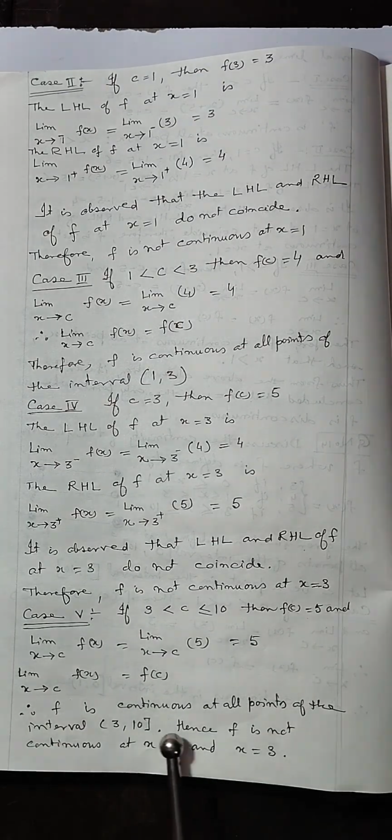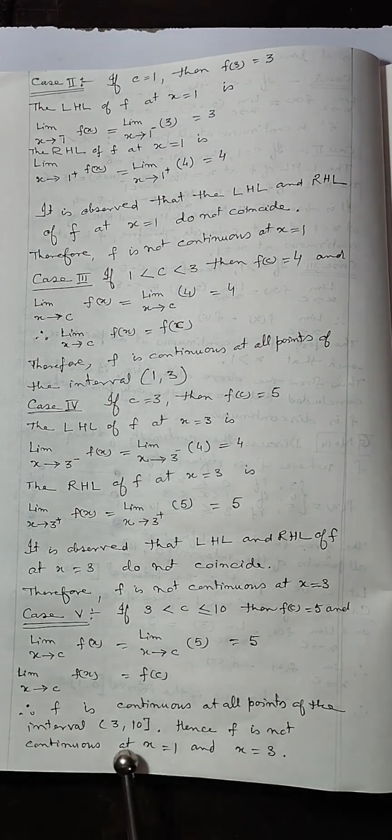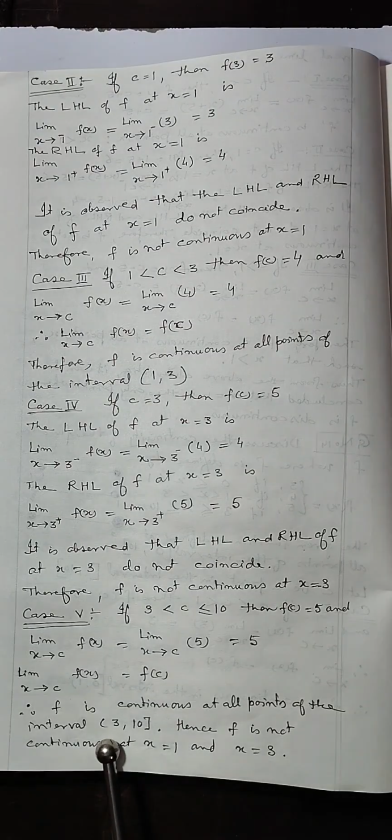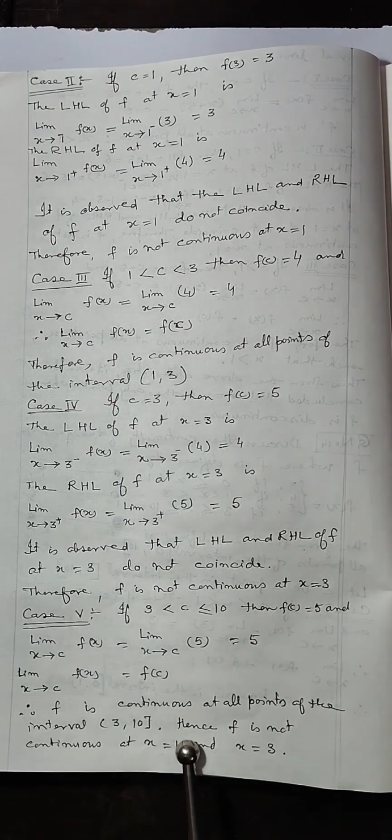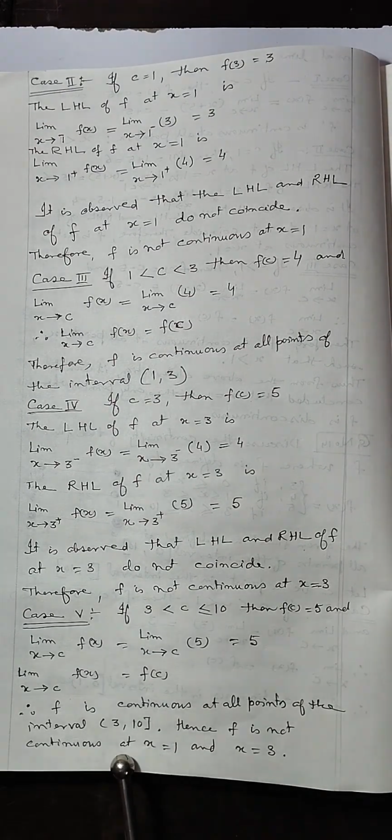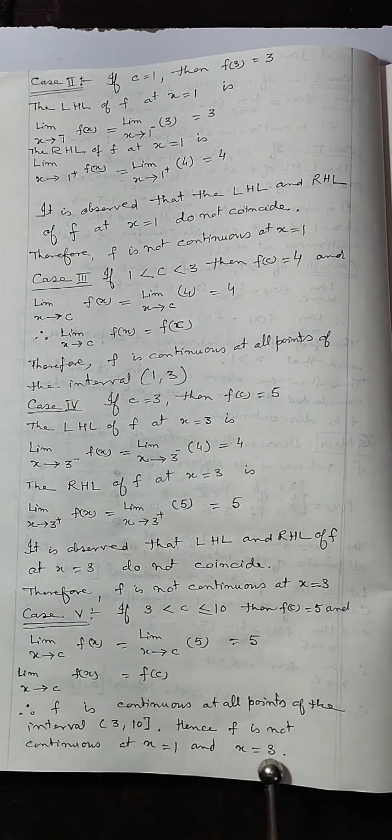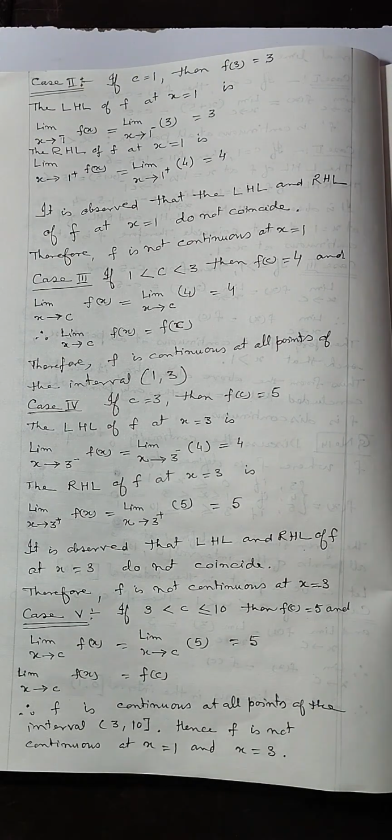Therefore the function is continuous at all points of the interval, that is 3 to 10. Hence function is not continuous at x is equal to 1 and x is equal to 3. That's all.